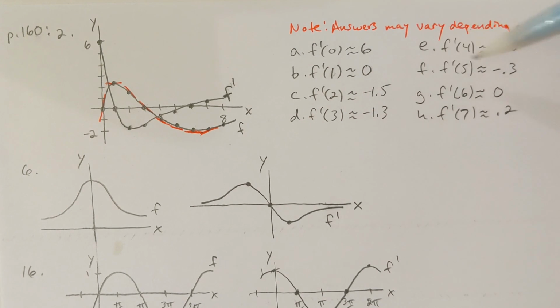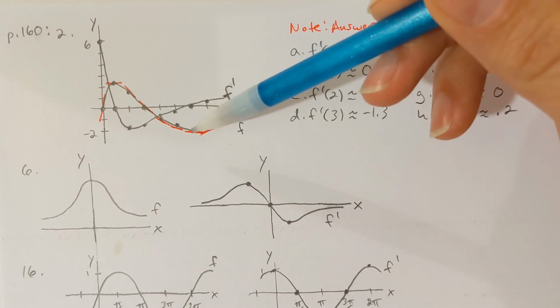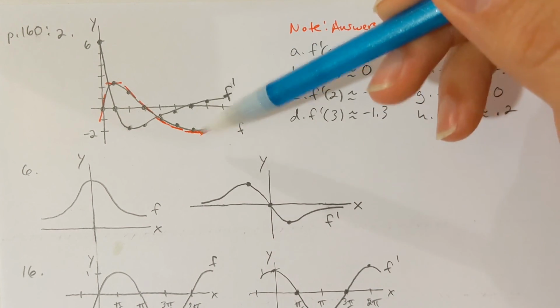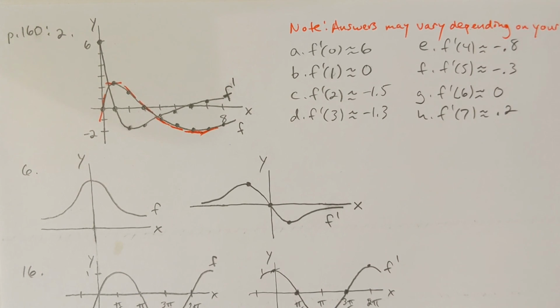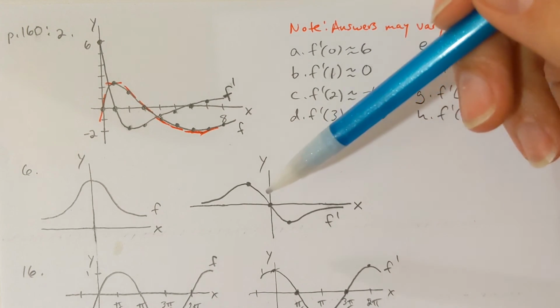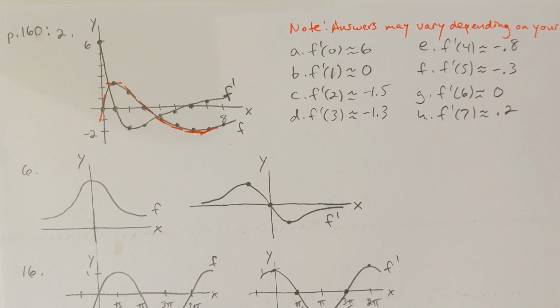Since the output would be 0, I know that's going to produce points where I'll cross or touch the x-axis. Now that's not something you have to look for first, but in some of these other problems, that's just something that I'm looking for early on. Hey, where are we going to cross the x-axis? Because those are obviously key points that would be on the graph of the derivative.